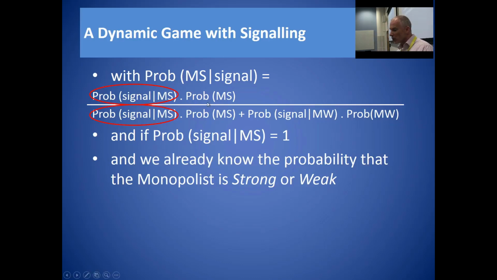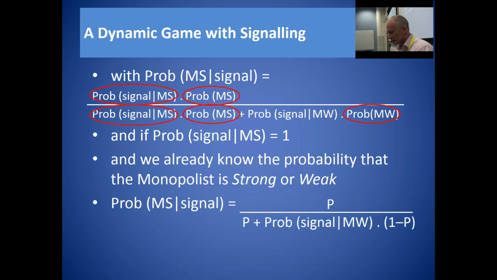Well, we also know, what is that term there? The probability that the monopolist is strong. That was our value of P. And also, what's the probability that the monopolist was weak? It was equal to exactly 1 minus P. So we know what that term is, we know what that term is, and we know what that term is.